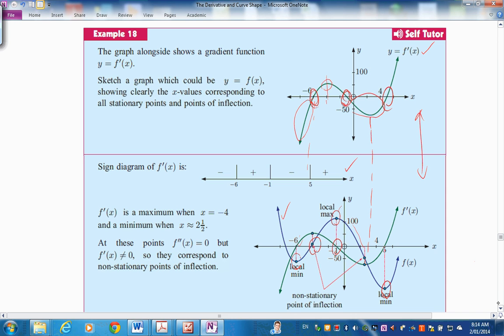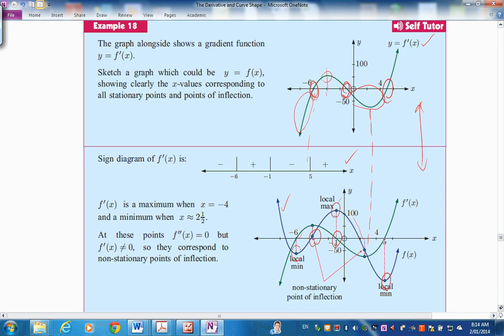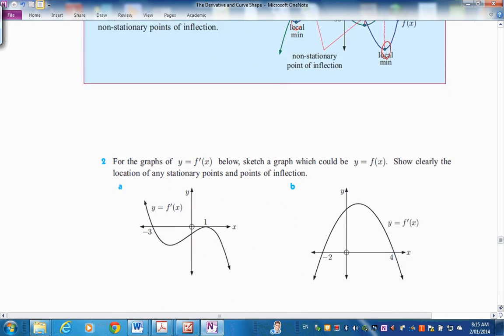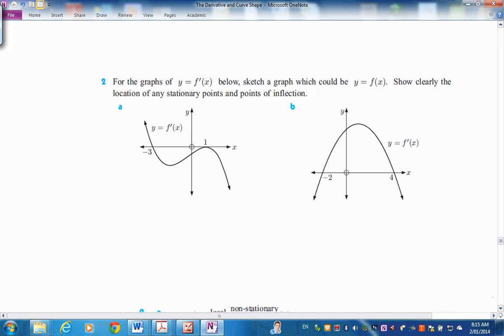Bit crowded. Let's go and do some. Okay, here are the derivatives. Try and draw an example of a function, and we can't put in scales as such. You could put in the x scale, so you line up those crucial points that I had trouble lining up with the two scales up there, but try and draw it on the same set of axes so that they do match up.